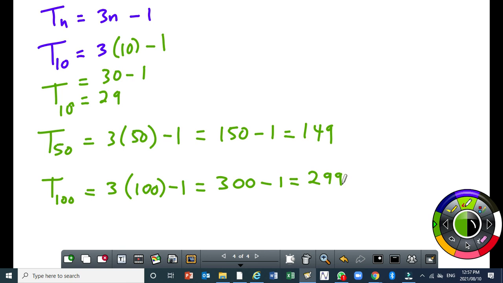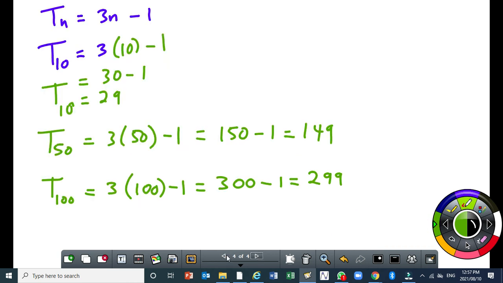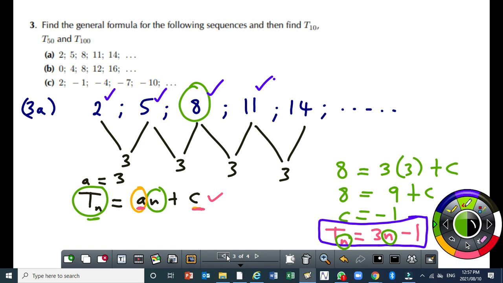So I'm just going to create a new question whereby we have to calculate n now. Because we have calculated C, we have determined A, we can determine n as well. We have determined Tn, so we now need to find what is that n, that is the position.